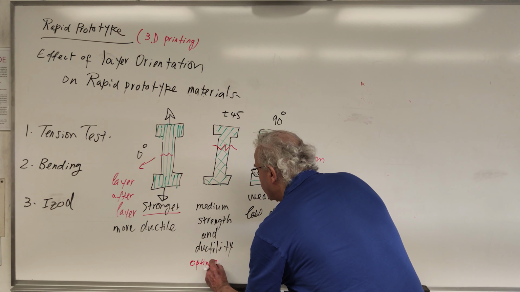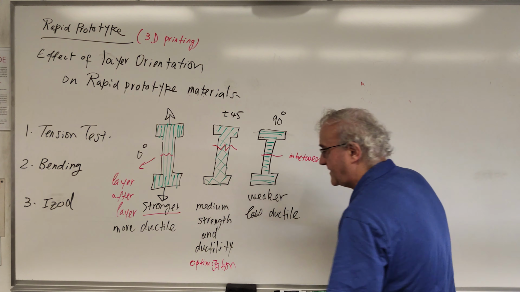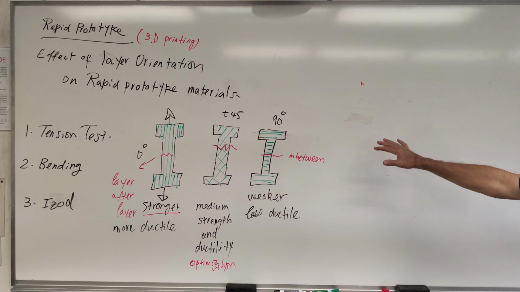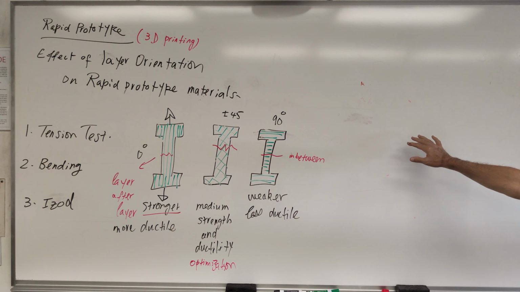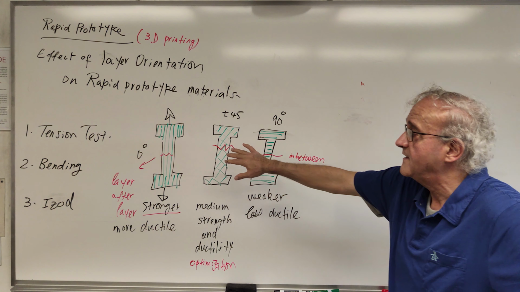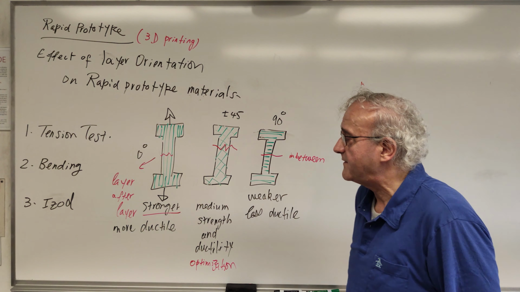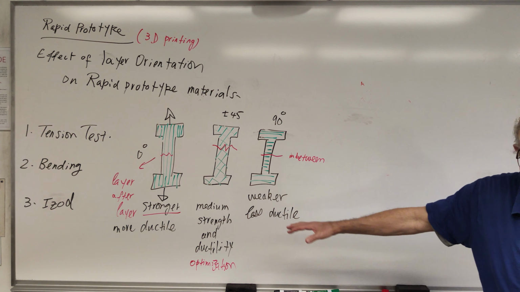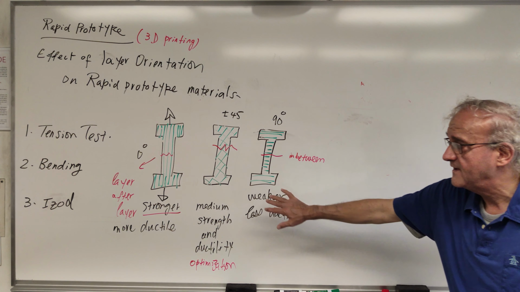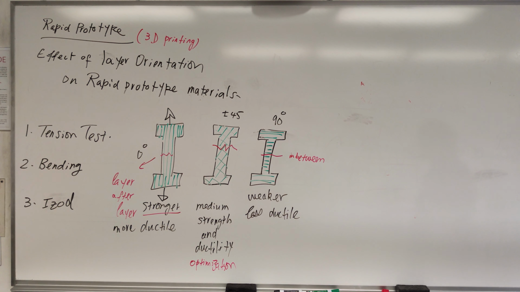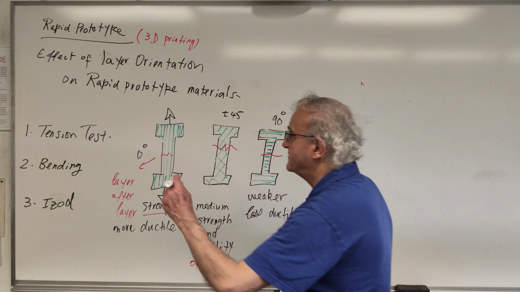Like if you put a composite on an aircraft, you don't know where the stresses are coming from. If they're all coming one certain way, you can produce your fiber this way. But when they are coming from all over the place, this is your safeguard. So we spoke about the tension test.